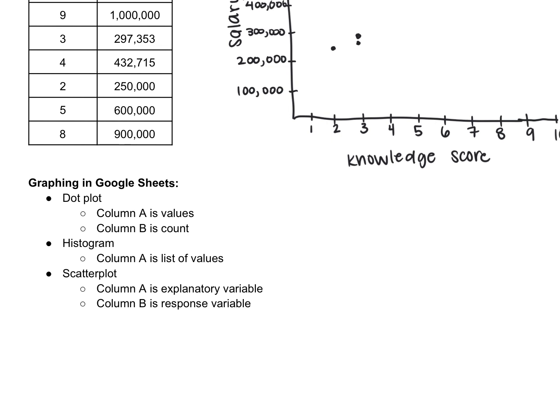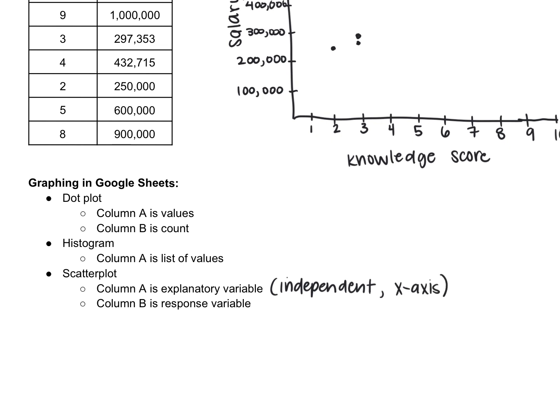For a histogram, you just have one column. Column A is just the list of your values in any order, doesn't have to be in numerical order. And then for a scatter plot, your column A is your explanatory variable, which is for us your independent variable. It's whatever your x-axis is.